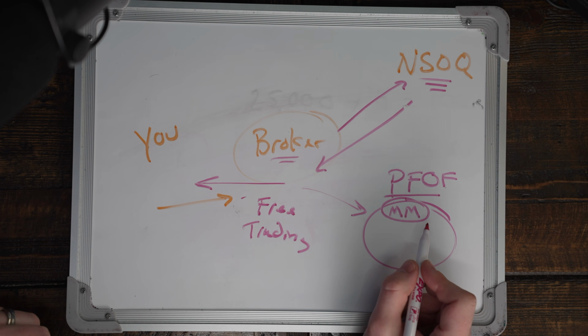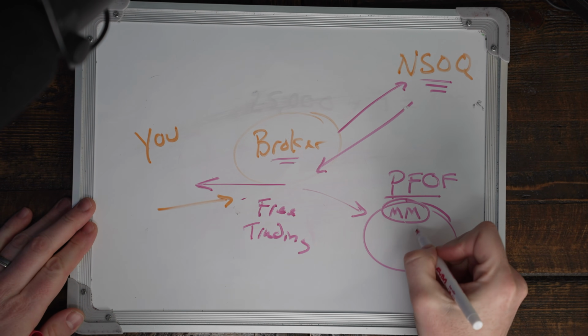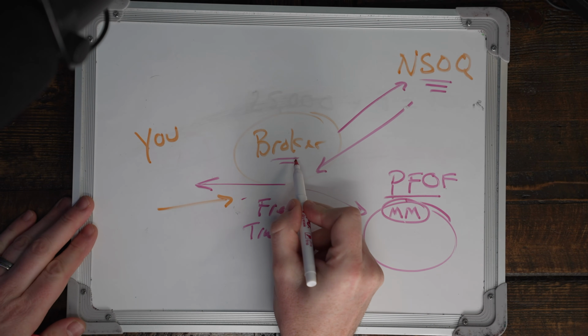And so a good way to put it is they're going to give you the lowest price that's required by regulation, essentially. They're going to give you what some would say is price improvement, but the least price improvement required by regulation. And the rest of the profit they keep for themselves, and some of it goes to the broker.